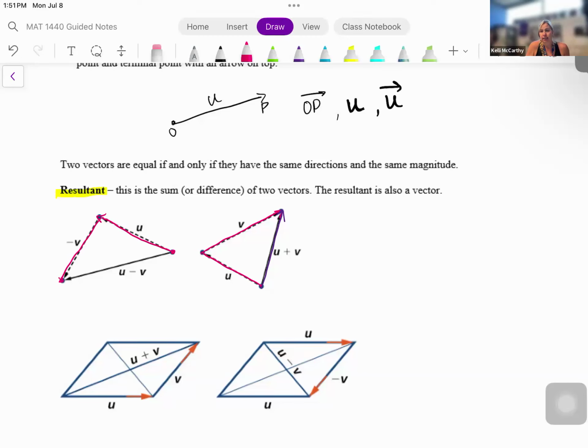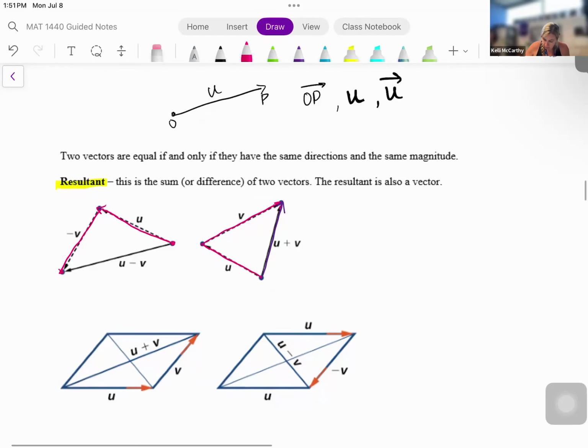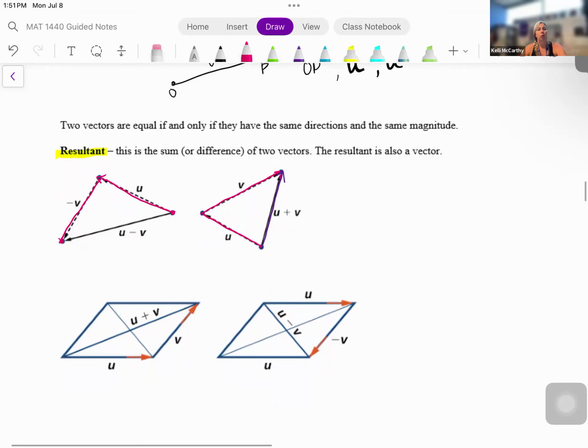And now going from the starting point of U to the terminal point of that negative V vector is also a resultant, and that's illustrating the difference of those two vectors. We also have these illustrated using parallelograms, which we're actually going to use a lot in terms of creating a resultant.